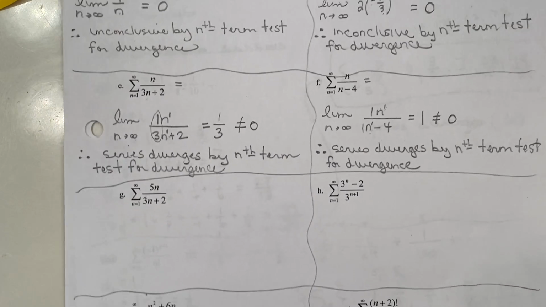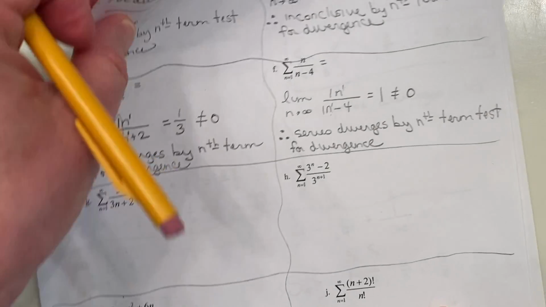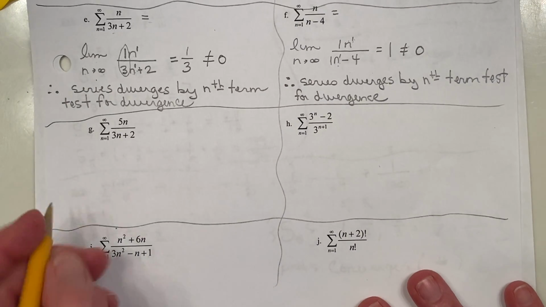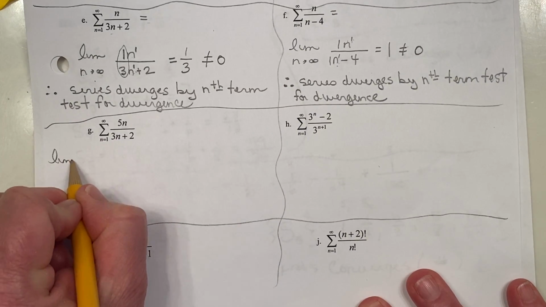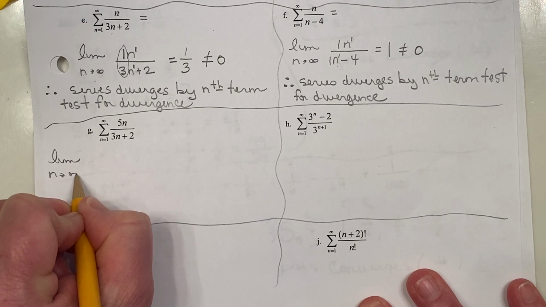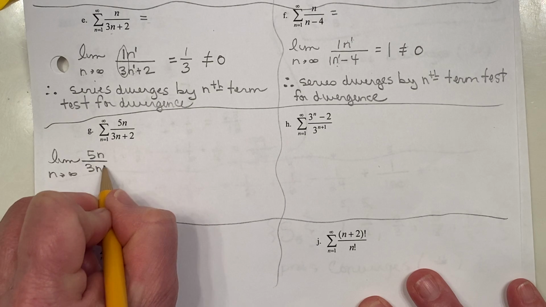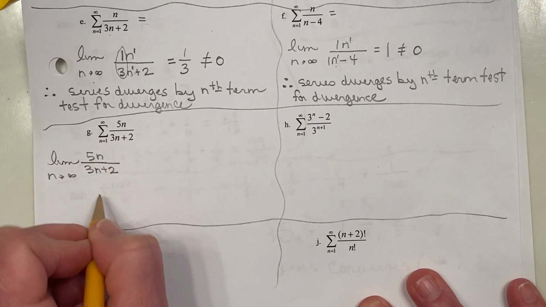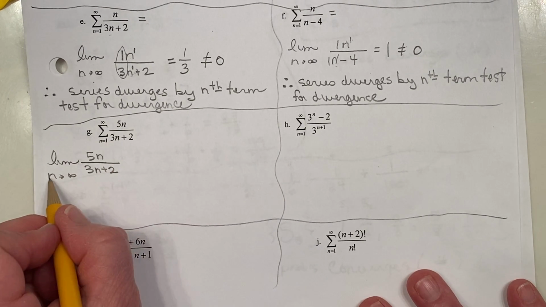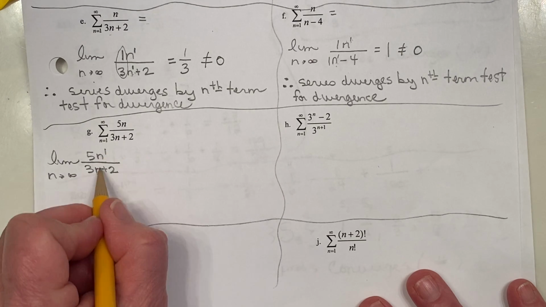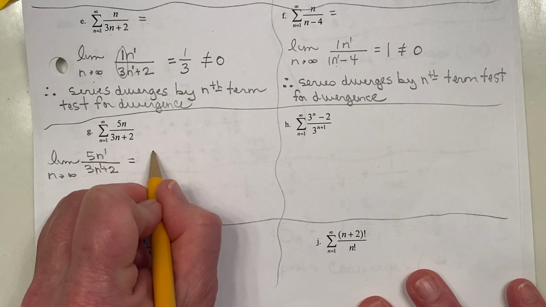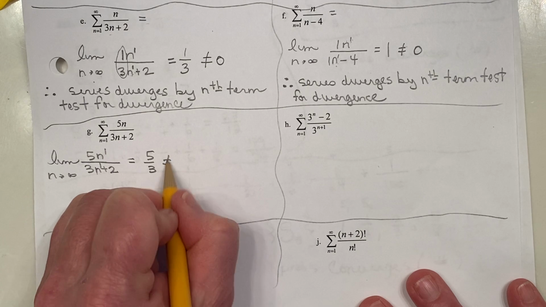All right, how about we try G? Think of this as a rational function. If we change all n's to x's, same exponents. This limit's going to go to 5/3, which is not 0.